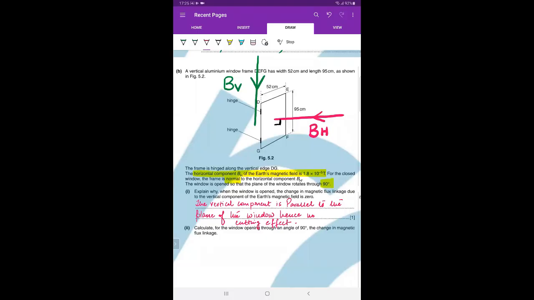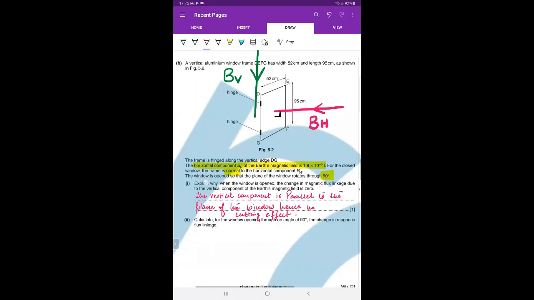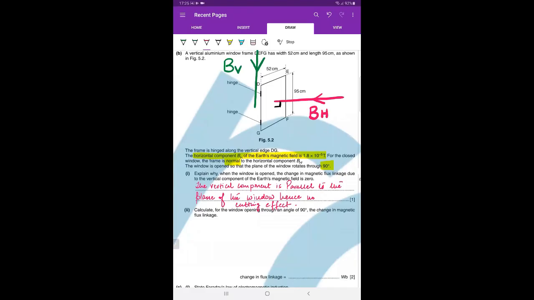The second part is a calculation. Calculate, for the window opening through an angle of 90 degrees, the change in the magnetic flux linkage. Those steps. Let's start with the initial flux.